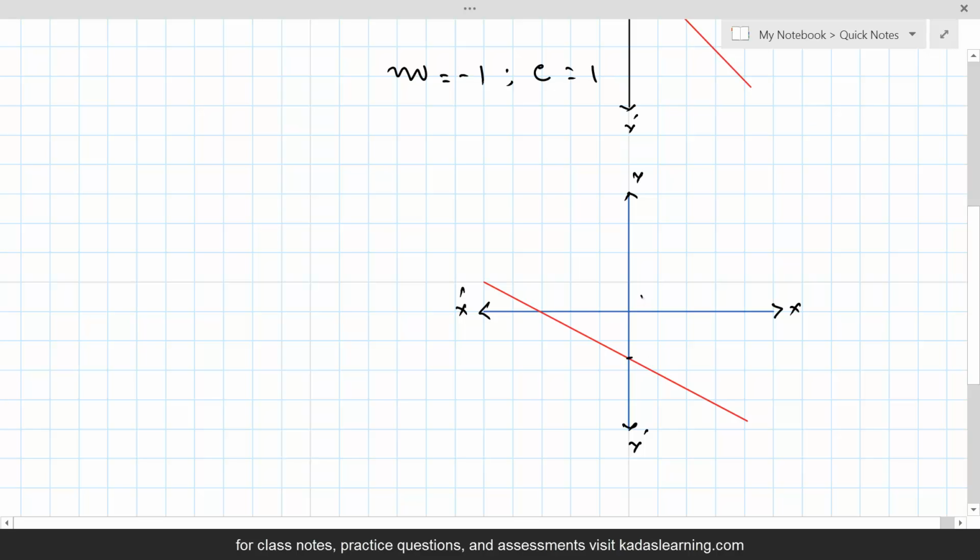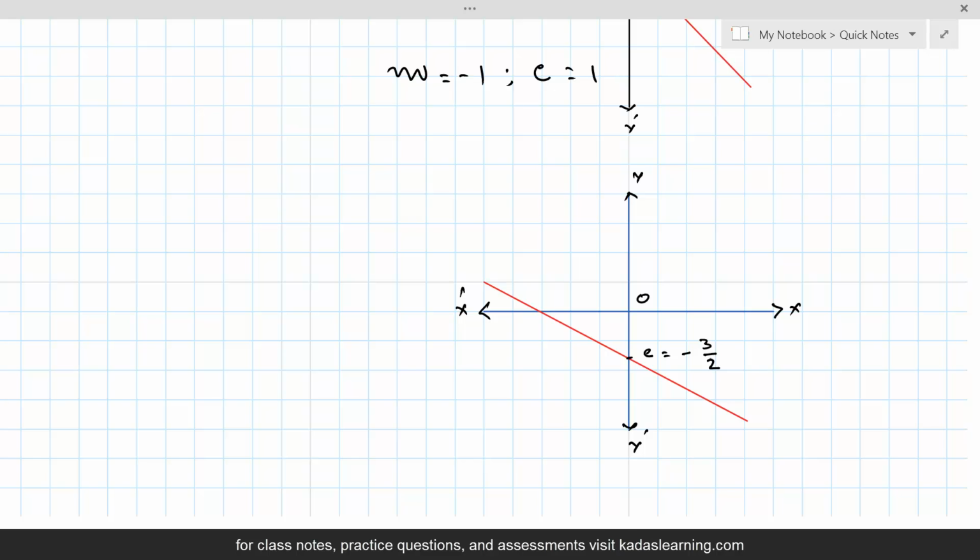So its value must be negative. So here c is equal to minus 3 over 2. Minus 3 over 2 is equal to minus 1.5. That's the value of y-intercept.